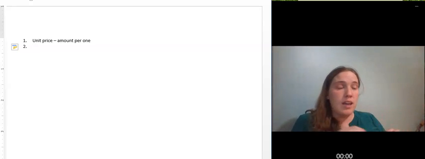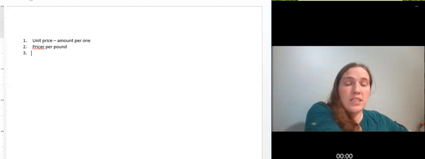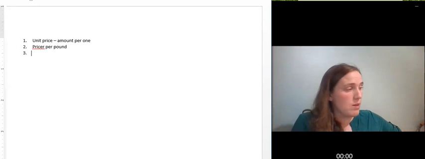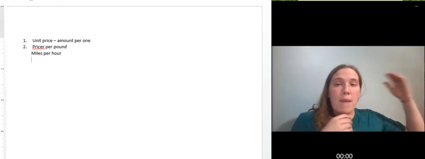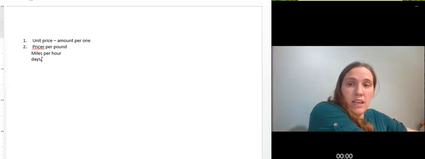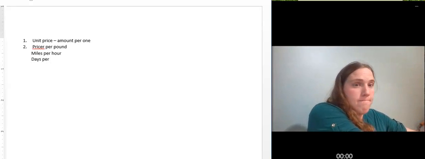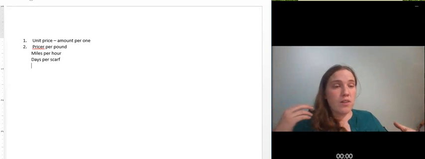It will tell you. If it says price per pound, price goes on top, pound goes on bottom. If it says miles per hour, miles goes on top, hour goes on bottom. If it says days per scarf, days goes on top, scarf goes on bottom.